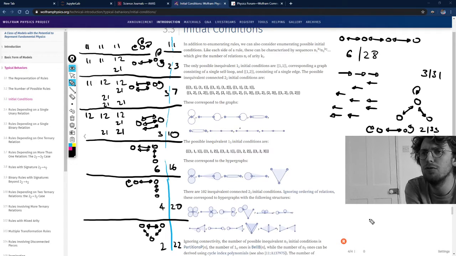What about 2? Separate things. Do they have to be a single graph?